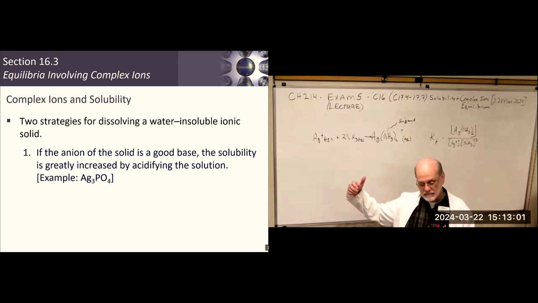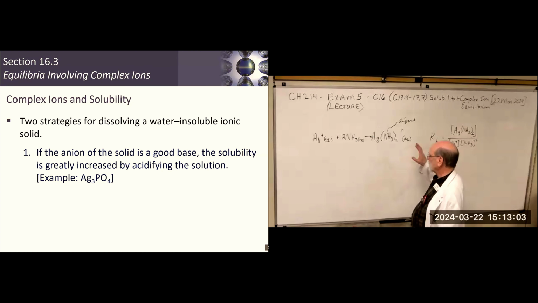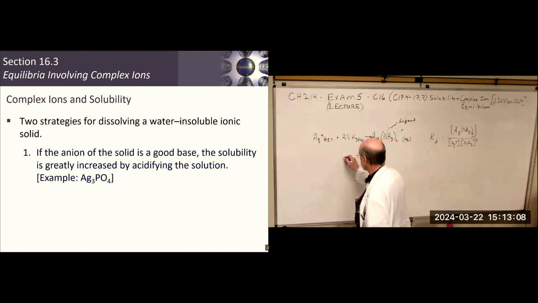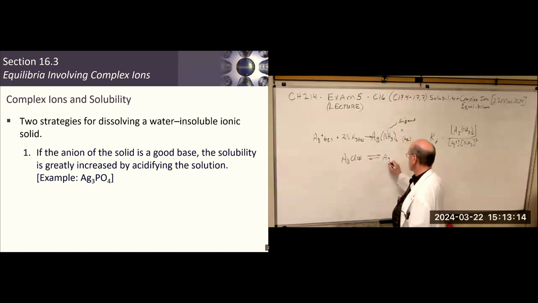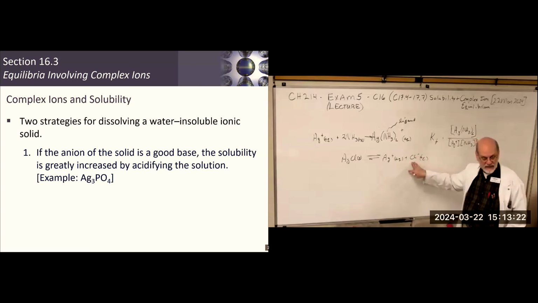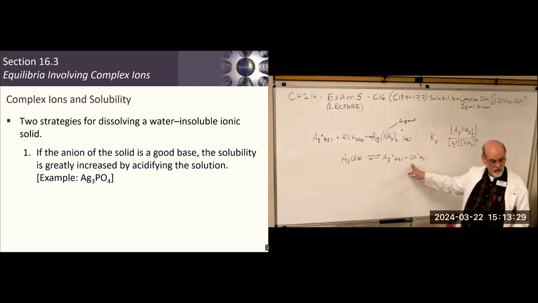But if you have something like this, where its equilibrium produces these 2 ions, that is not a good base. It comes from a strong acid, so it's a weak base. HCl is a strong acid. Its conjugate base is very weak.